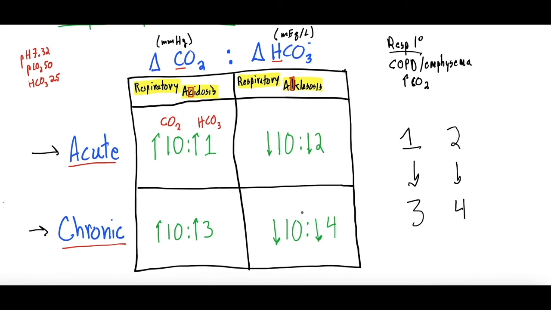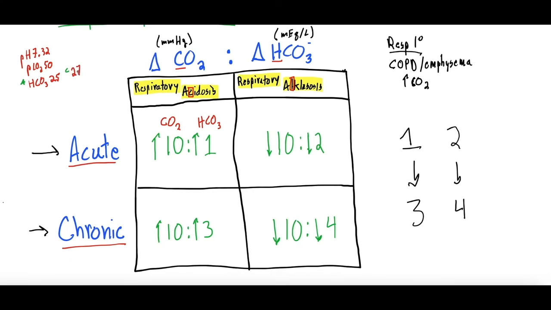All right. Similarly, that's acute, right? We're going to put a little A here because this is the bicarb that would be there for acute. If you have a chronic respiratory acidosis, for every increase of 10 in the carbon dioxide level, you'd have an increase of 3 in the bicarb.